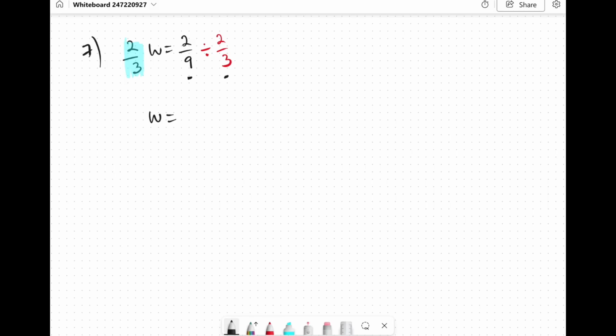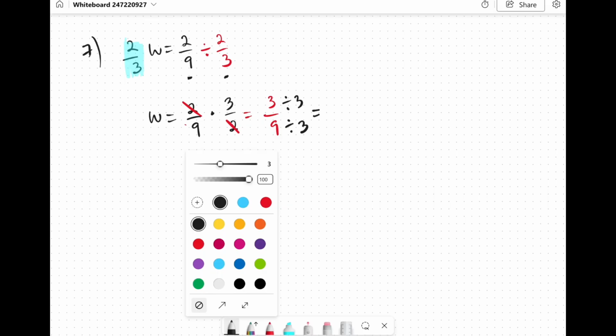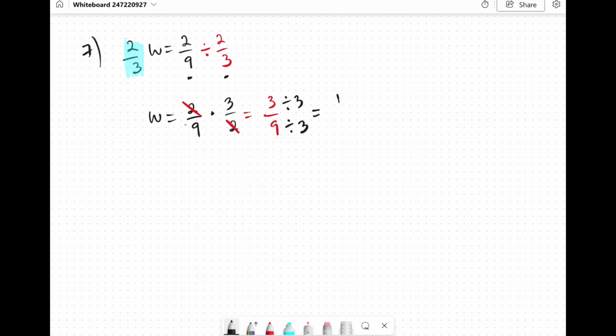Remember, to divide two fractions, you have to do keep, change, flip. The 2's can cancel right away, leaving you with 3 over 9. Now the 3 on the top and the 9 on the bottom can both be divided by 3. So 3 divided by 3 on the top is a 1, and 9 divided by 3 is a 3.